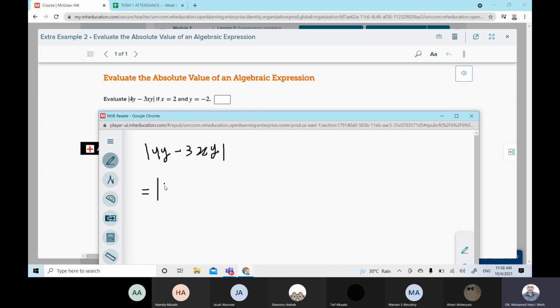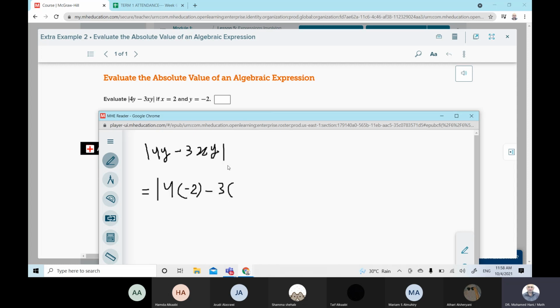Here we have 4 multiplied by the value of y. What is the value of y? As you see, it will be minus 2. Minus 3 multiplied by x.